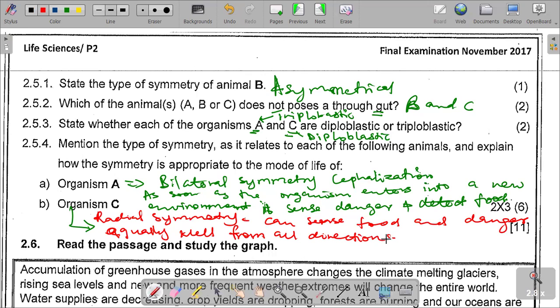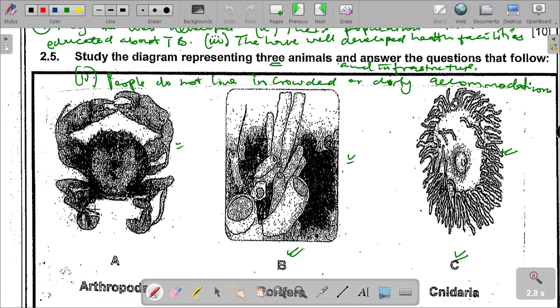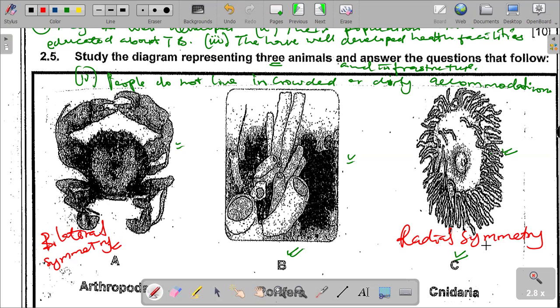That's what you should understand here in terms of these organisms, A and C. A is actually bilateral symmetry, and C is radial symmetry, because it can sense food and danger equally well in all directions.